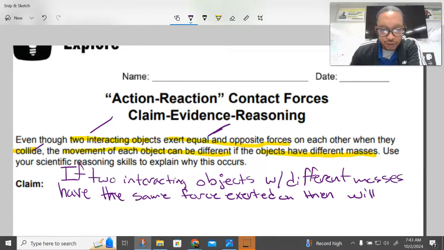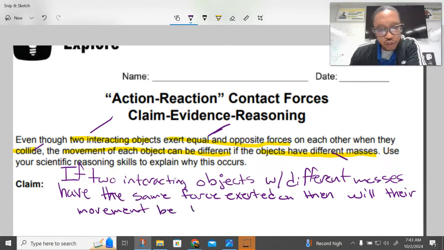So we got that part right here, the same force. Then we have the fact that they have different masses. Will their movement be different? Now, do you see how I included all of those different areas in there?